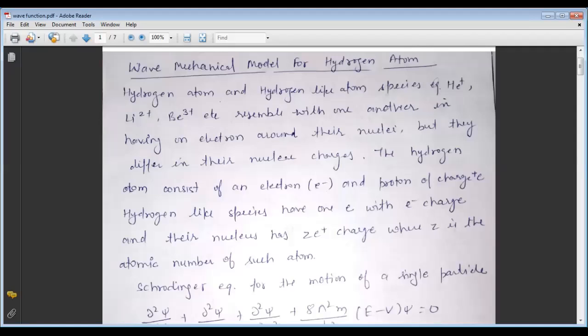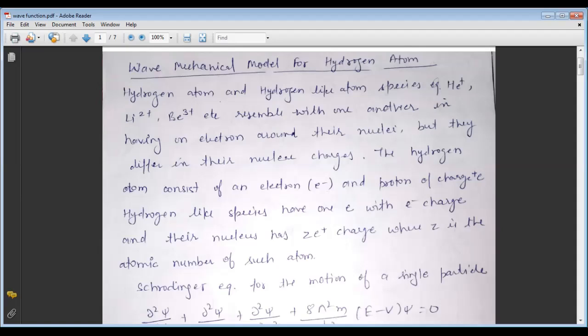This topic is also related to our previous lecture, in which we have already discussed the general introduction and the concept of the Schrodinger wave equation. Erwin Schrodinger gave this equation with the help of the de Broglie equation and the Heisenberg uncertainty principle.